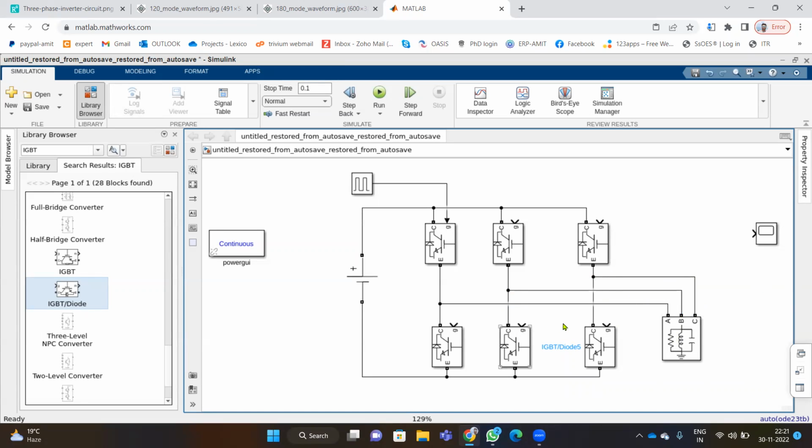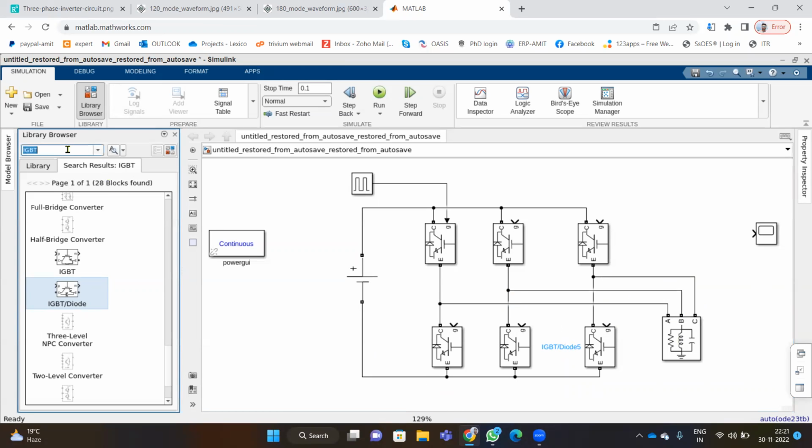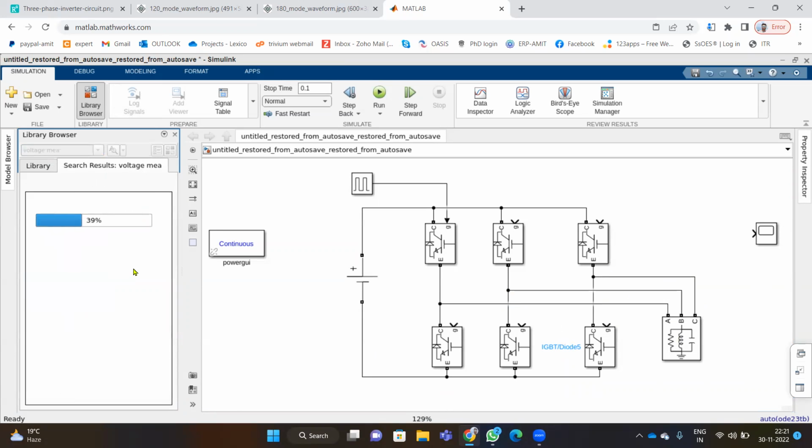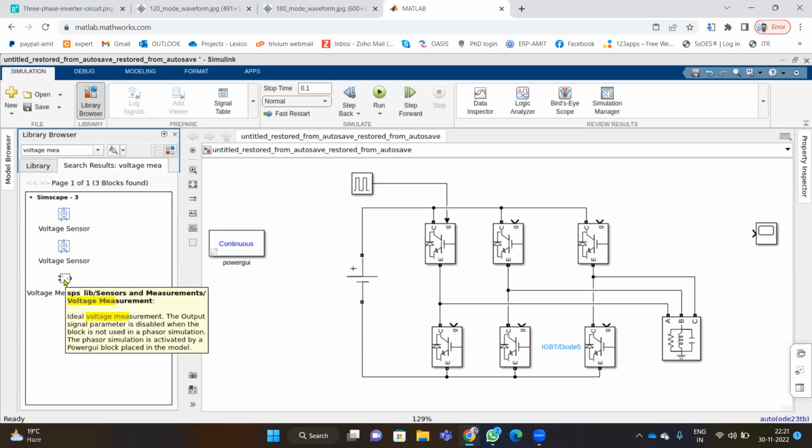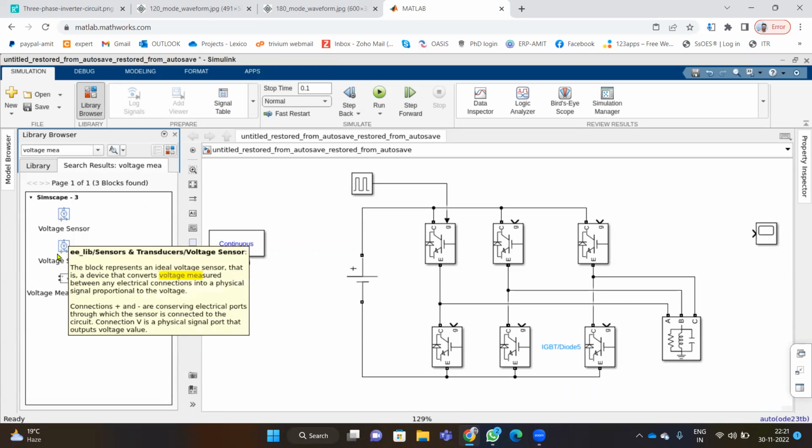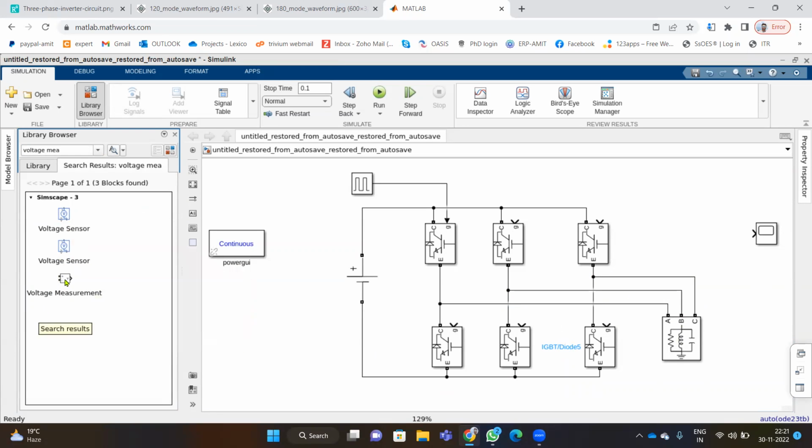So we will require one voltage measurement also to just see what the output voltage will be. So this is the voltage measurement.